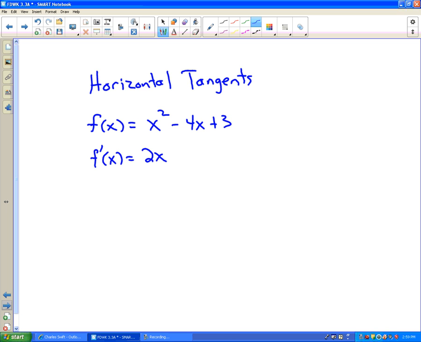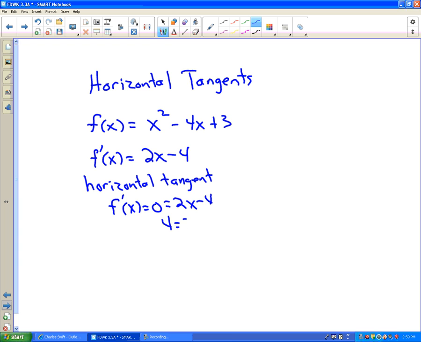The derivative is 2x minus 4. Because it's a horizontal tangent, that means we want the derivative to equal 0. So 2x minus 4 would equal 0. 4 equals 2x. x is 2.